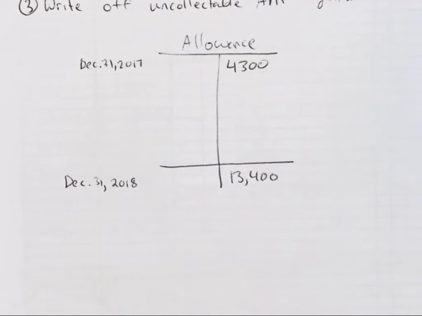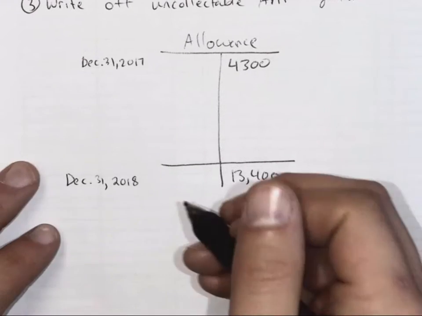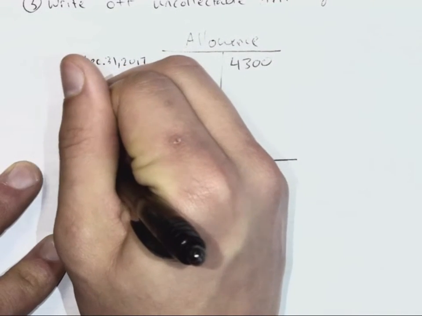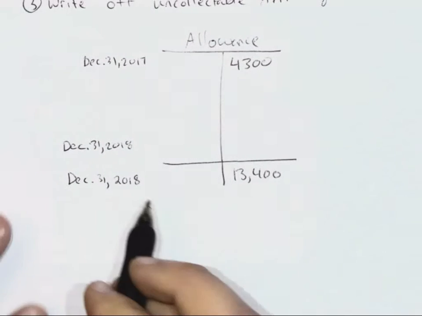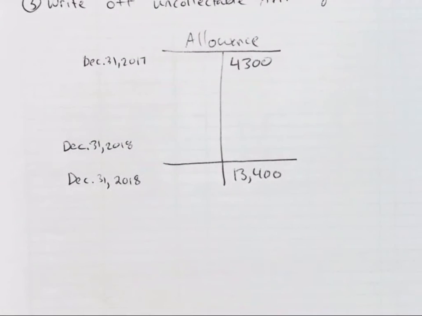There's only 2 times we'll ever use this account. One is when we're adjusting our bad debt expense at the end of the year. So we will have an adjustment we'll make here. So there's one transaction we'll use to adjust it. When is the second time we use allowance for doubtful accounts?